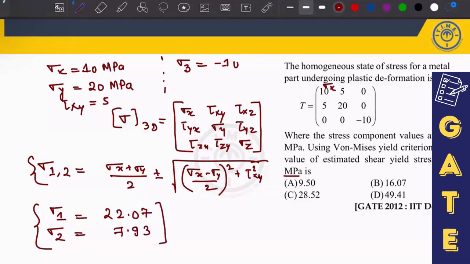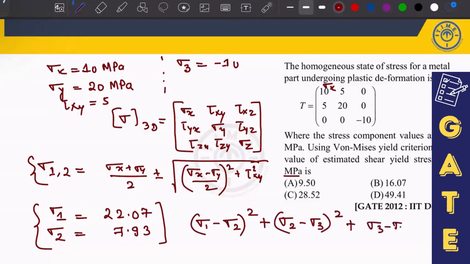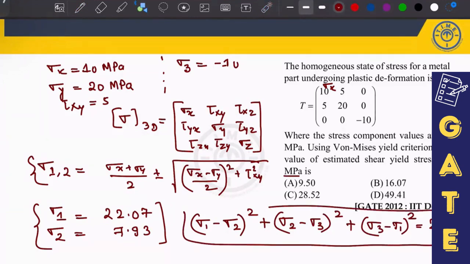Now this is basically the von Mises criteria. Yes, 22.07 and 7.93. You know that the von Mises criteria for a triaxial state of stress is sigma 1 minus sigma 2 whole square plus sigma 2 minus sigma 3 whole square plus sigma 3 minus sigma 1 whole square equal to 2 times the yield tensile strength squared. This is the generalized formula for von Mises stress.